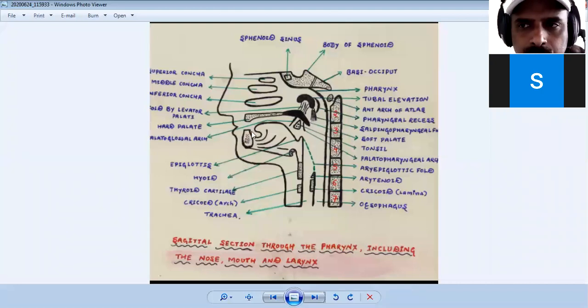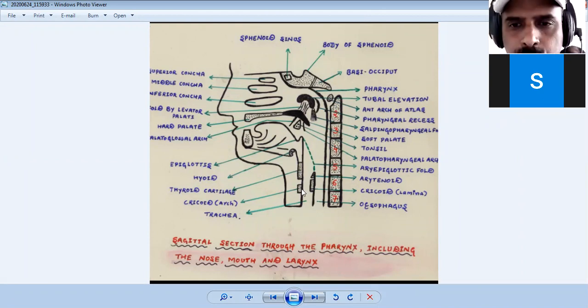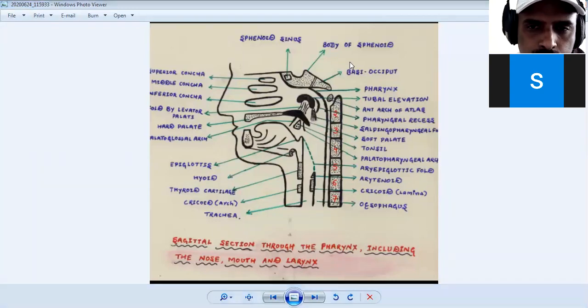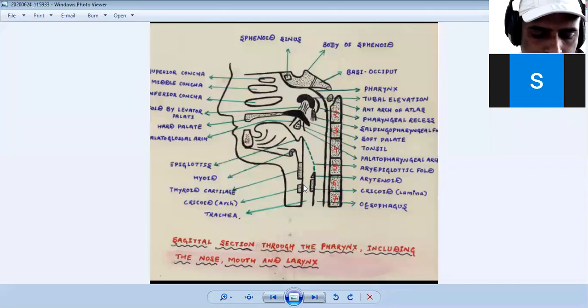This is all about the total attachments of the pharynx. On both sides, the pharynx is attached to the mandible, tongue, hyoid bone, then the cricoid cartilage and thyroid cartilage.